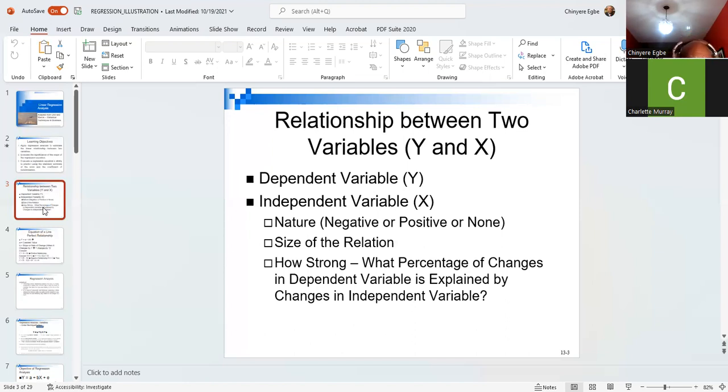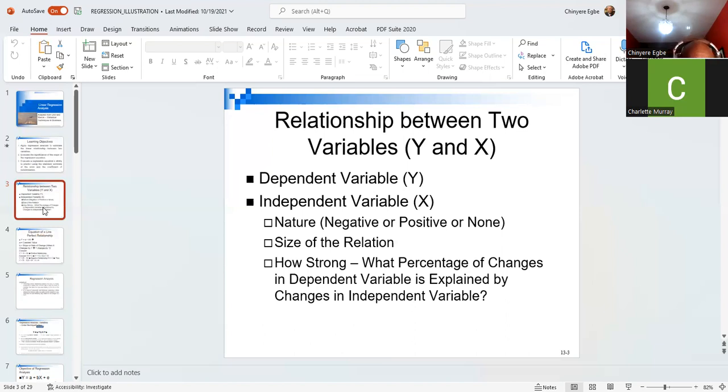So our objective in regression analysis is to determine the nature of the relationship. That is one of the objectives. Then the next thing that we're going to be looking for is the magnitude, the size of the relationship. But the better word is the magnitude of the relationship, okay?